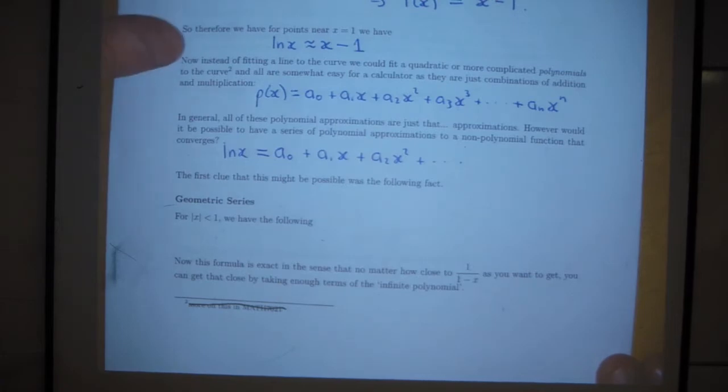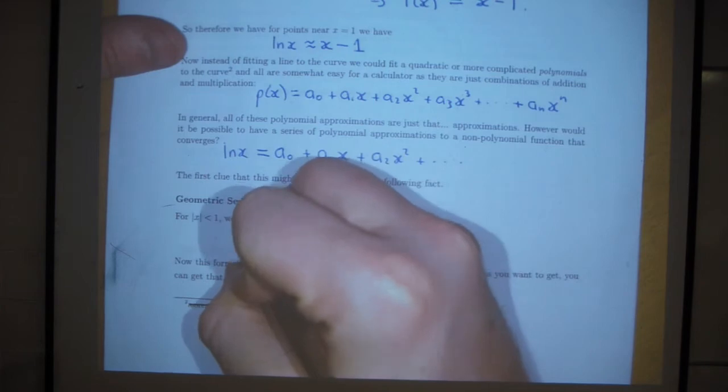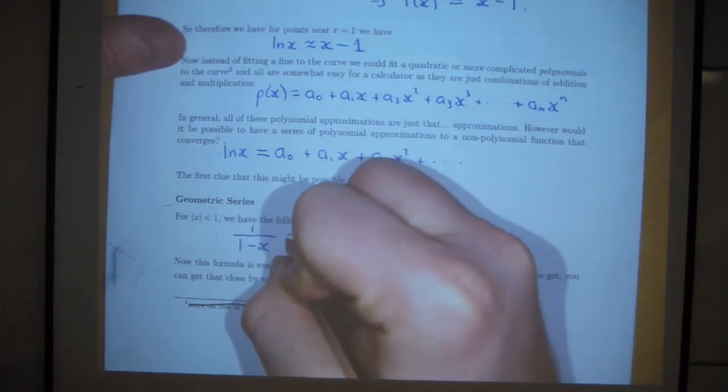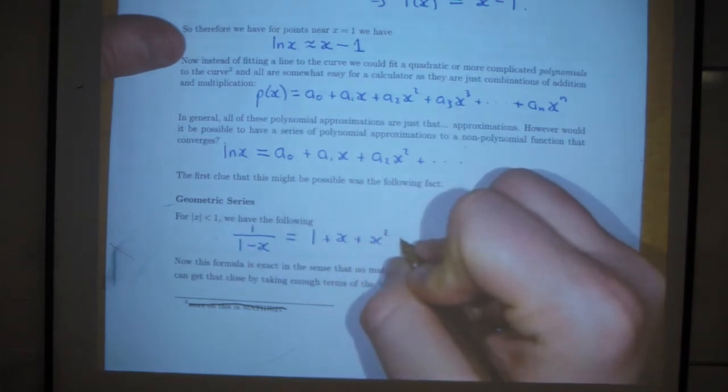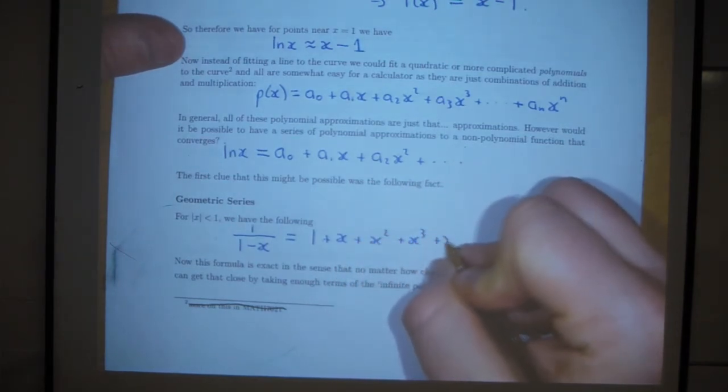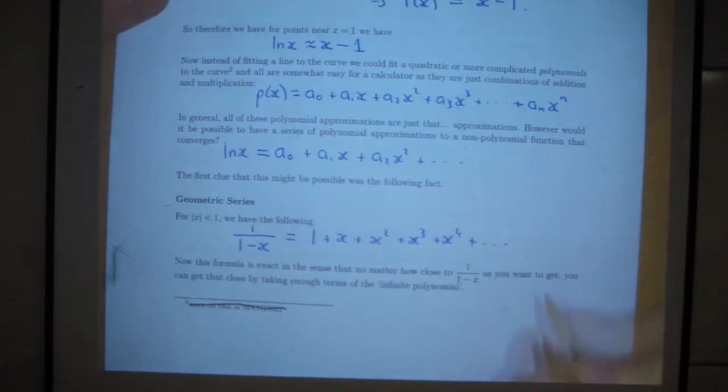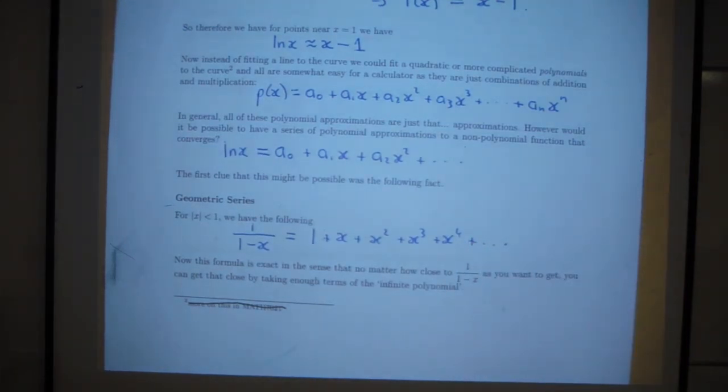To show you that it might be possible, we've got a geometric series. This says that 1 over 1 minus x is equal to 1 plus x plus x squared plus x cubed plus x to the 4 plus ... Now the sum on the right goes on forever.